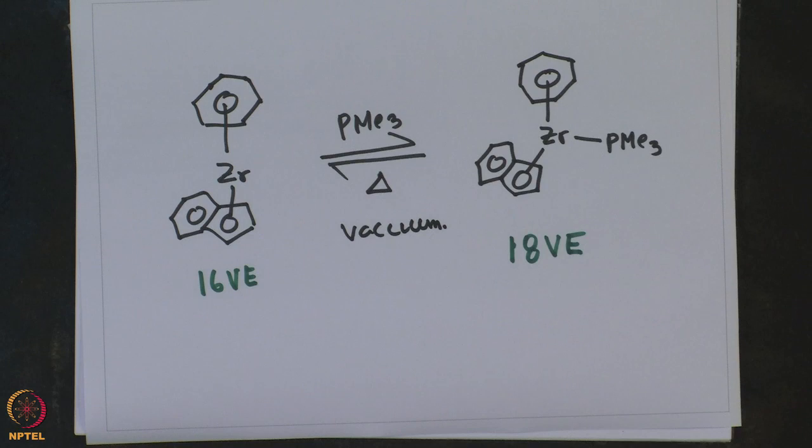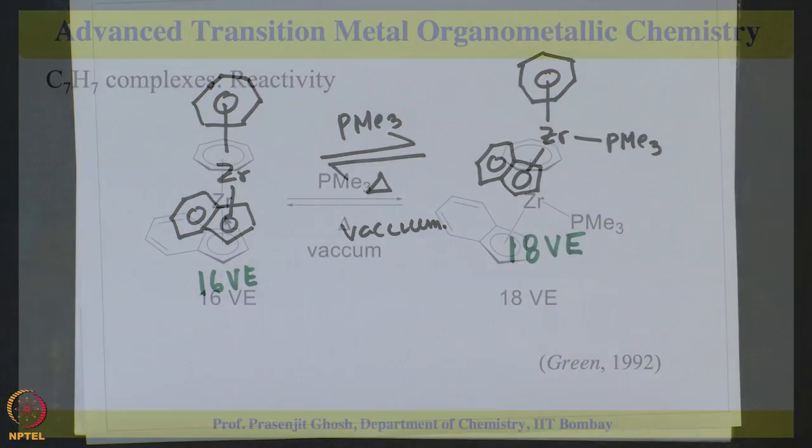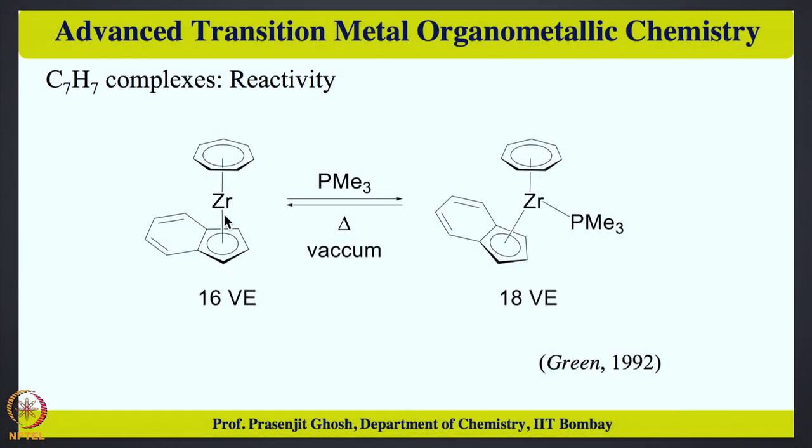So, with this we come to an end of our discussion on C7H7 complexes in today's class, and what we had seen is that we have spoken about reactivity of the C7H7 complexes, particularly looking at the various redox processes for these C7H7 type complexes.